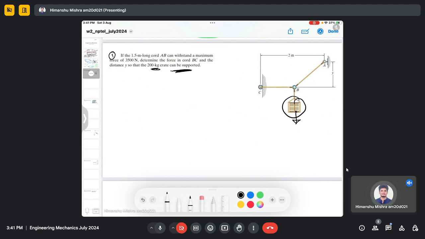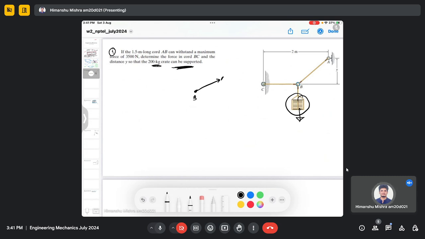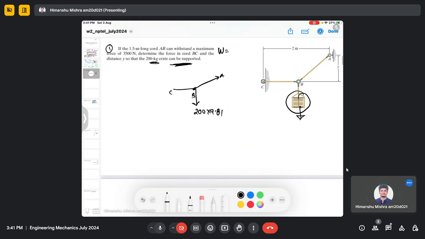So in equilibrium problems, it is always advisable to make a free body diagram first. So for example, let's say this is your point B and this is A and this is C and this is the force, which is 200 multiplied by 9.81, which is basically W equals mg.